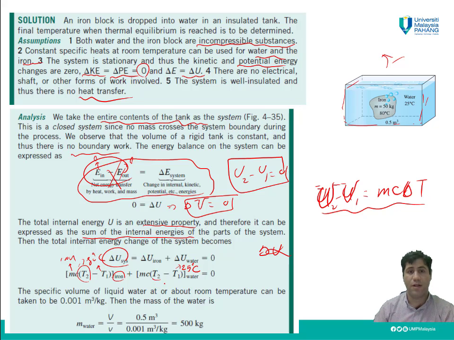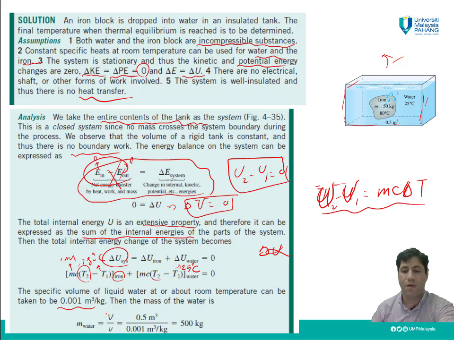According to table A4, or other tables we have for water, at room temperature or 25 degrees Celsius, the specific volume is equal to 0.001 meter cubed per kilogram. Then we can find the mass of the water by this equation: V, or volume of the water, divided by the specific volume of the water.